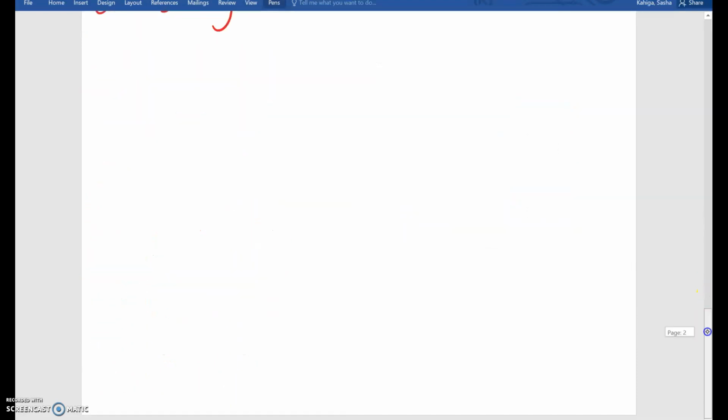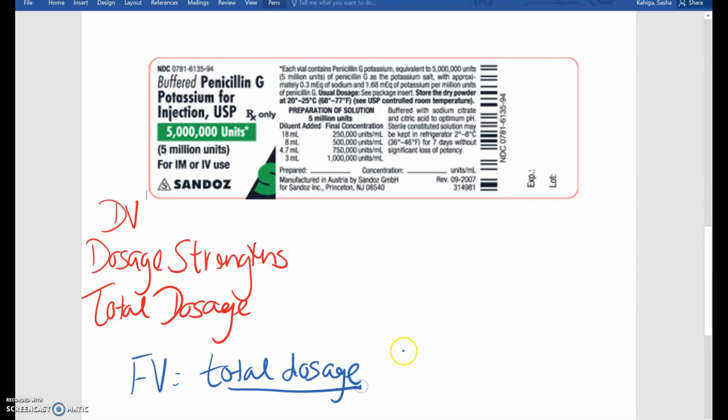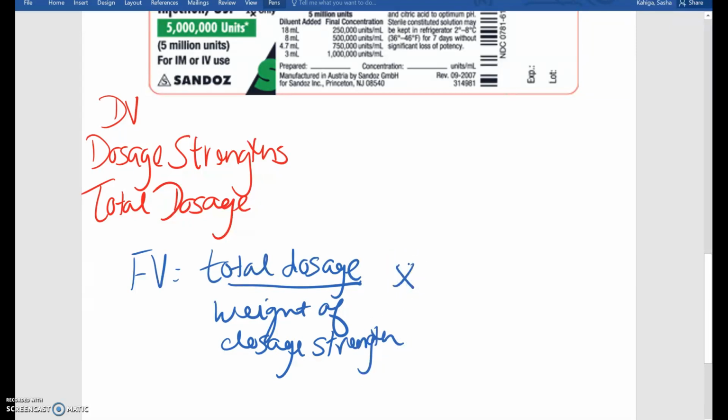But if you're not given your final volume, you can always calculate your final volume by taking the total dosage and dividing it by the weight of dosage strength, and then you'll multiply it by what?